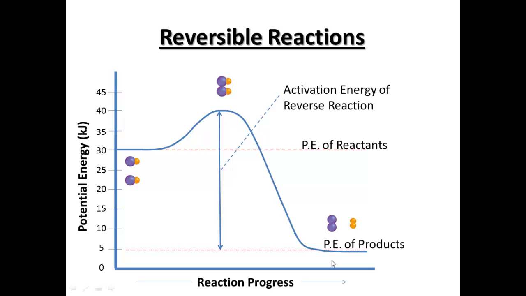However, if this reaction is reversible and it can go from the products all the way to our reactants, now we have this big hill, in which the potential energy of our reactants is more than the potential energy of our products. So the forward direction, if it is exothermic, then the reverse direction would be endothermic. And that will always be the case. If one is exothermic, the other will be endothermic.